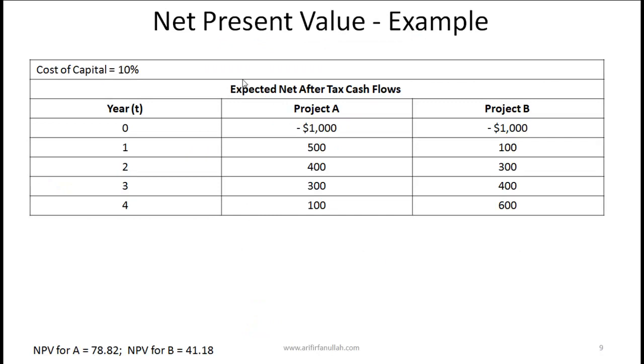So let's look at a simple example where you have two projects A and B. Let's say that these are independent and you are given the cash flow over a 4-year period for project A, the cash flow for project B over 4 years, and you are given your discount rate or your cost of capital. You will see different terms here.